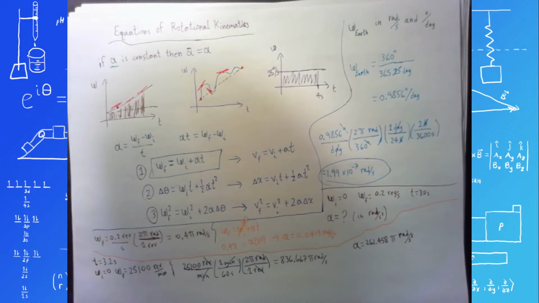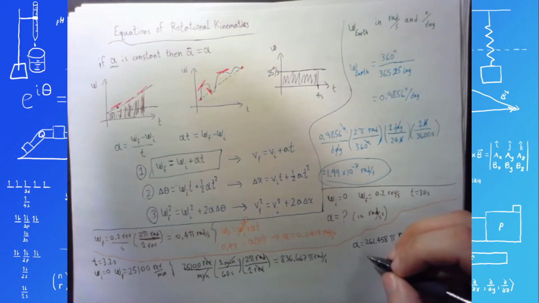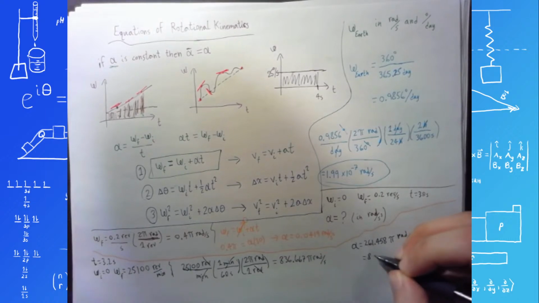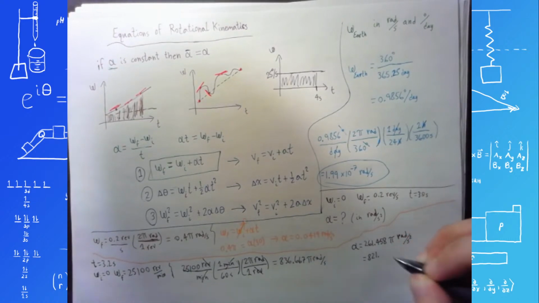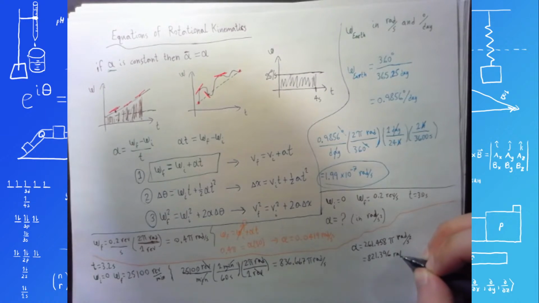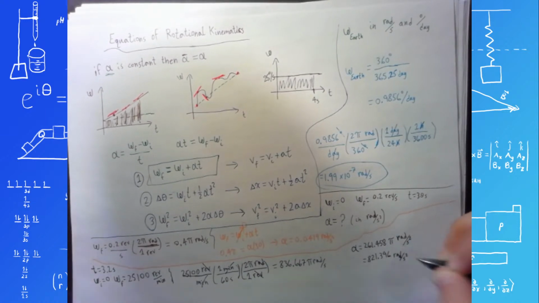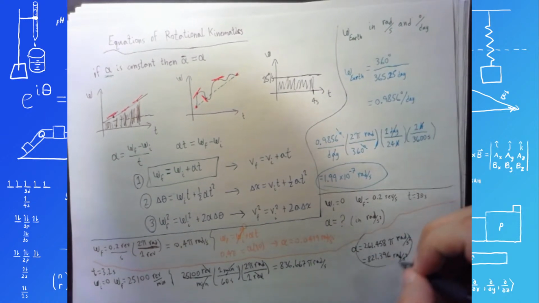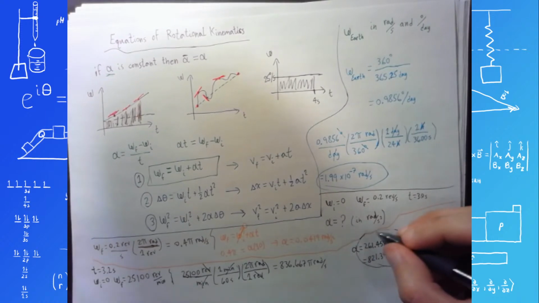If I go ahead and multiply the pi into that, let's see what we get. I get 821.396. 821.396 with the pi substituted. Either of those answers would be fine.